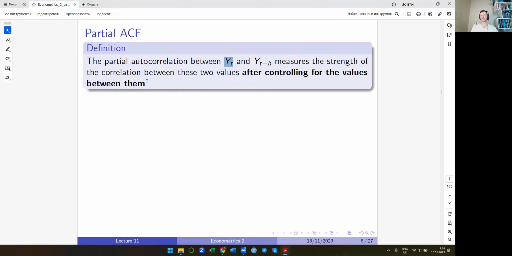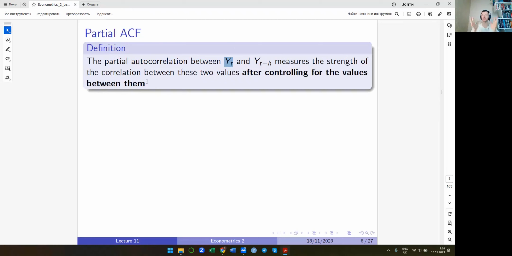As I explained last time, yt minus h influences yt minus h plus 1, the next value. Yt minus h plus 1 influences yt minus h plus 2, and so on up to the current value of yt.